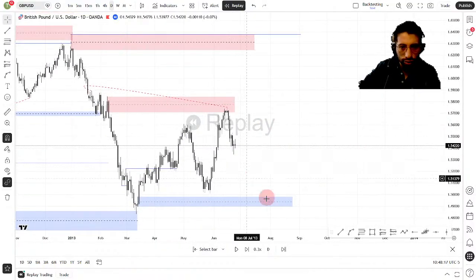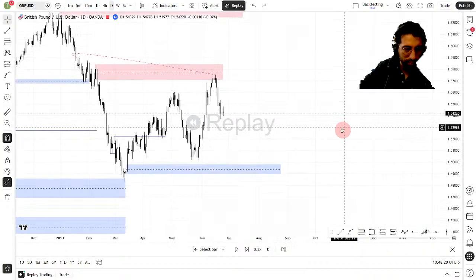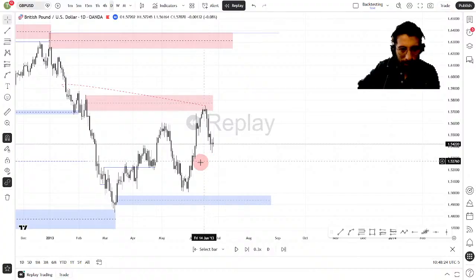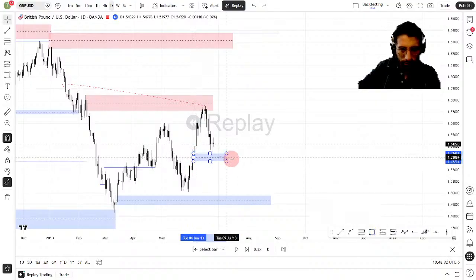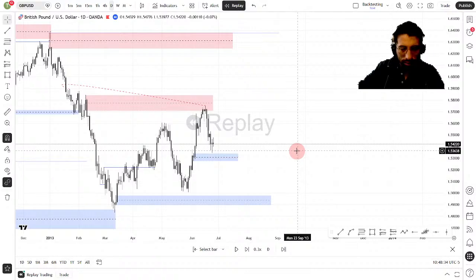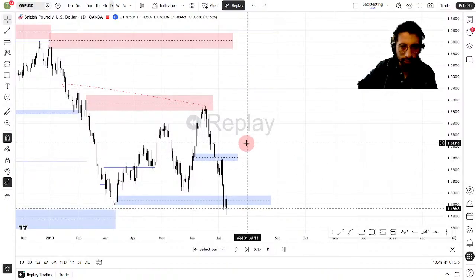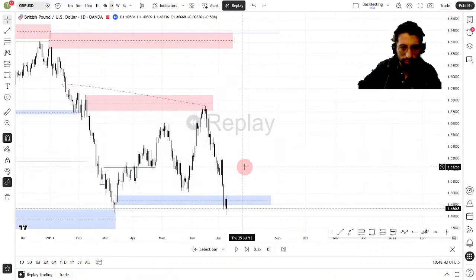The price can continue with the downtrend, or maybe it can react on this sort of block. We are not so sure. We need to have more liquidity prior to this one so it can work. Let's see what actually happens. Yeah, it didn't work. I told you, it will continue with the downtrend. It doesn't matter.